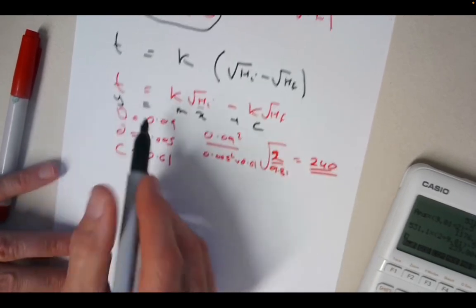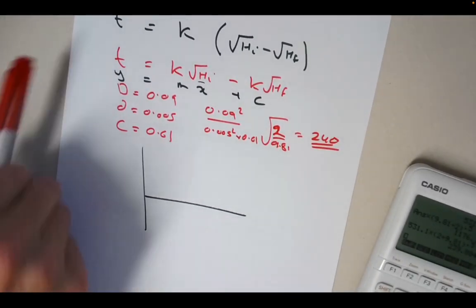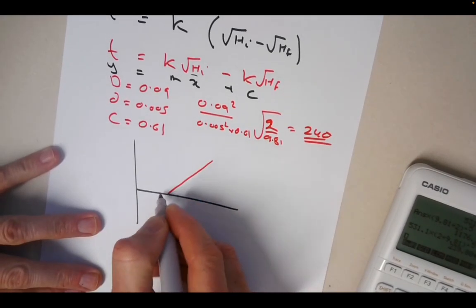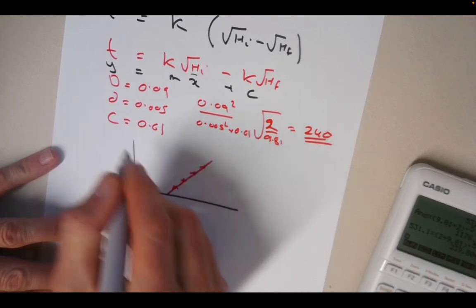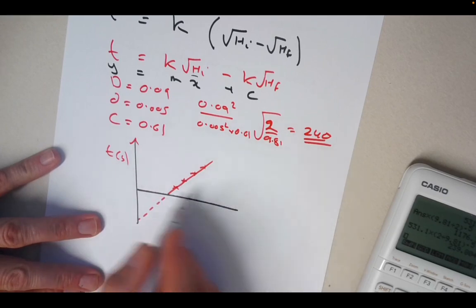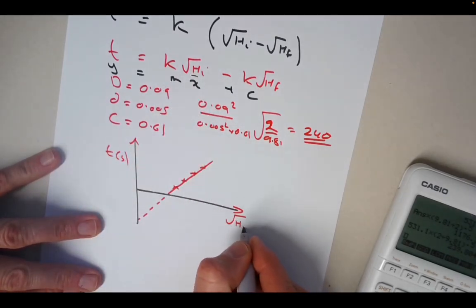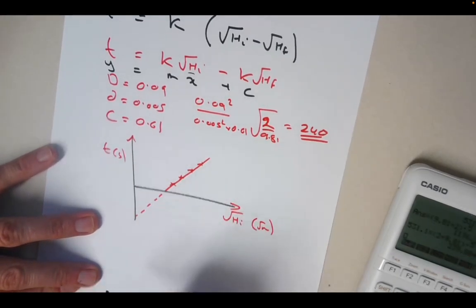So what you've got here is basically a graph like this. So maybe here are the data points. If the y-axis is time in seconds, and the x-axis is the square root of hi, and that unit is the square root of m, we would get this relationship here.